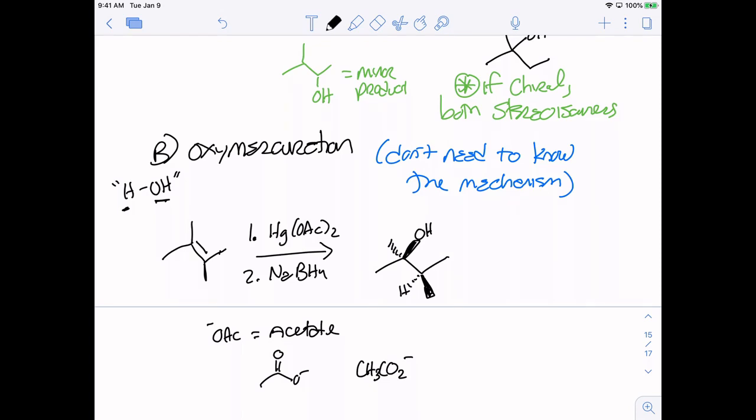So if I would have left it how it was before, there'd be 2 hydrogens on that carbon and you couldn't really tell that stereochemistry. So basically this group and this group are going to be anti to each other. So stereospecific, it's anti, right? And by anti I mean the hydroxyl group and the hydrogen. And then it's also regiospecific.